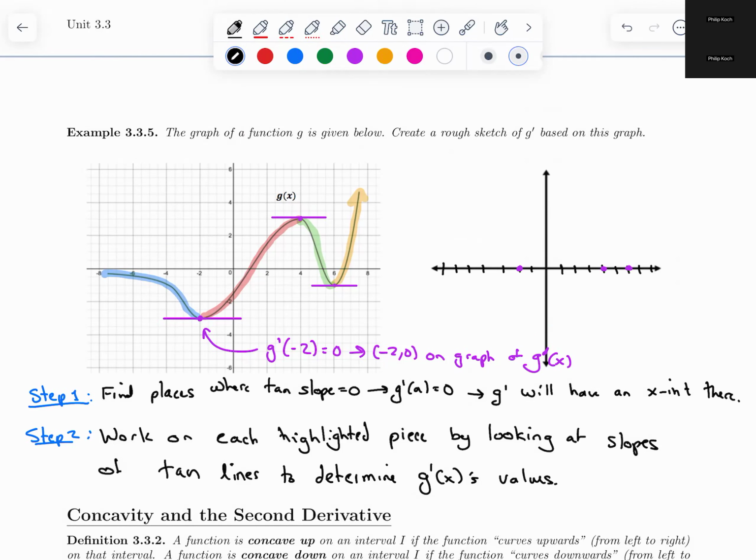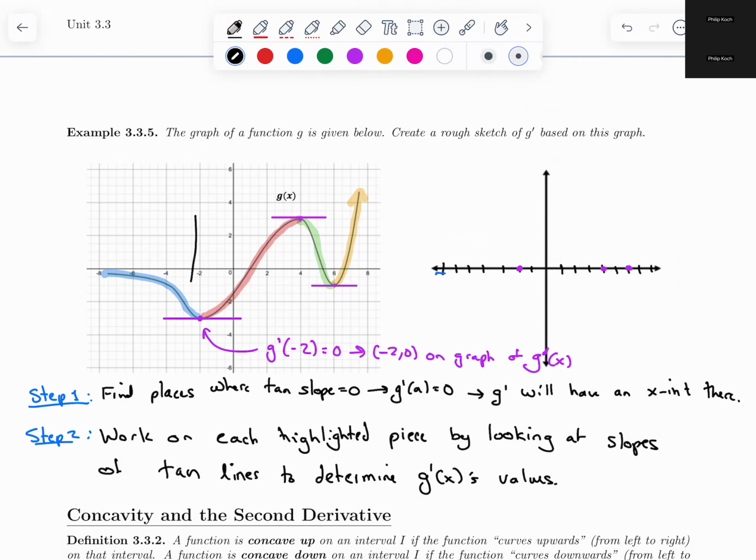When it gets the most negative it's going to be on this blue piece, and then it starts getting less negative, less negative, less negative, until it becomes 0. So on this first segment, it's going to start off being very close to 0, but negative. So I'm going to highlight a spot right here in, let's do black.